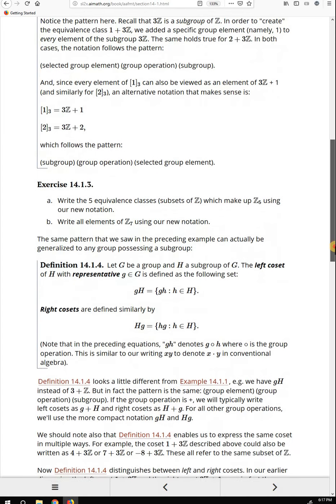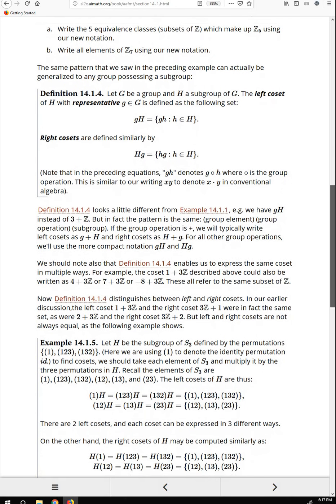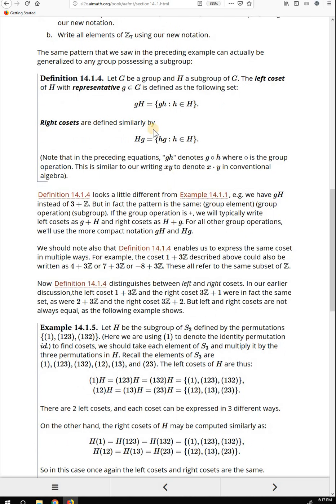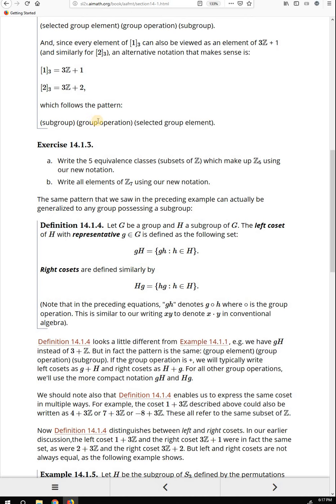Here are some exercises about that. This looks a little different, but it's really the same thing, because the operation up there is plus. What you really had was 1 plus a subgroup, 2 plus a subgroup. In general, the operation is not plus. We write it just as times, or just next to it.